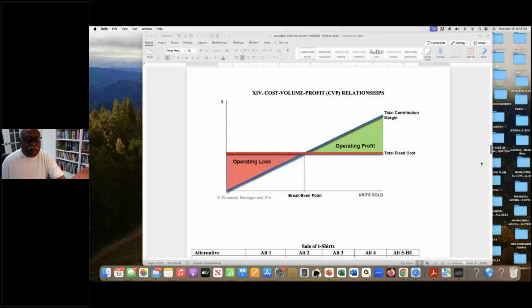Well, right now I'm looking at a graph that says operating loss and operating profit. That's where we want to be. So does everyone see this graph? Operating loss, break even, and operating profit. Can everybody see that? Yes. Yeah. Okay.